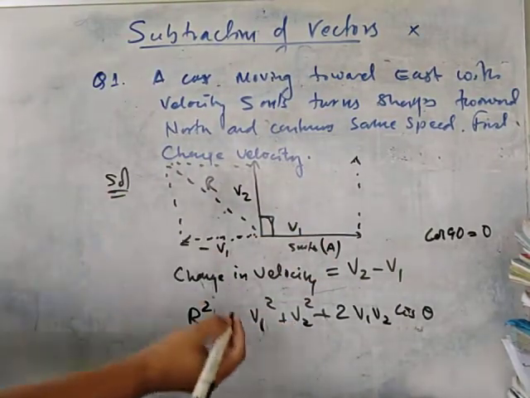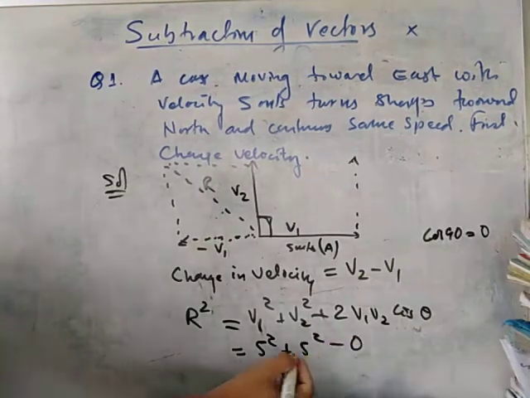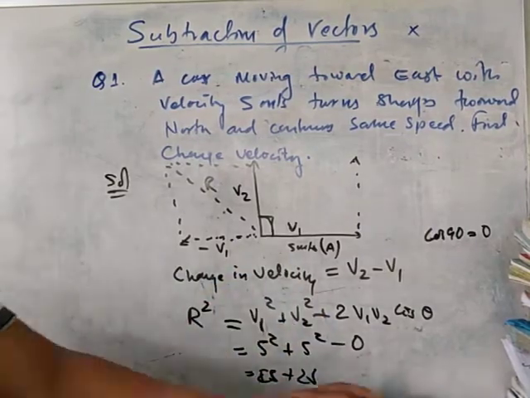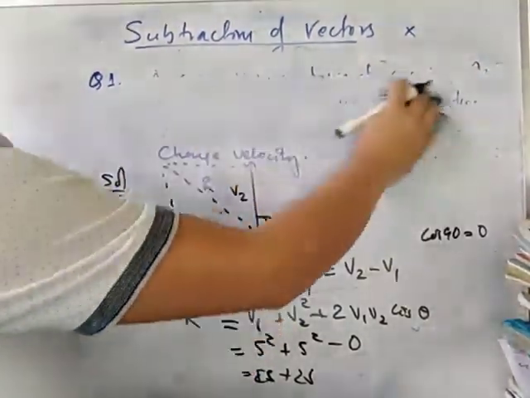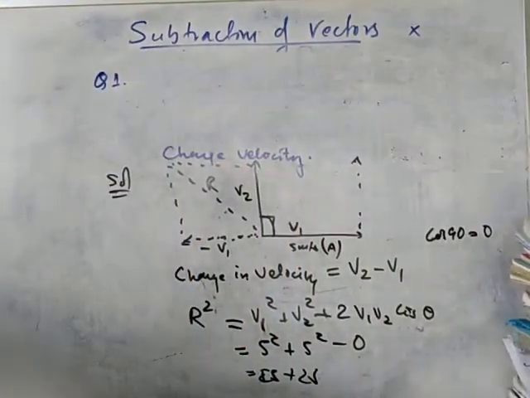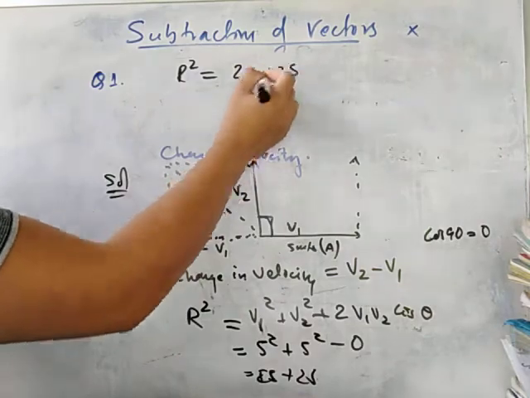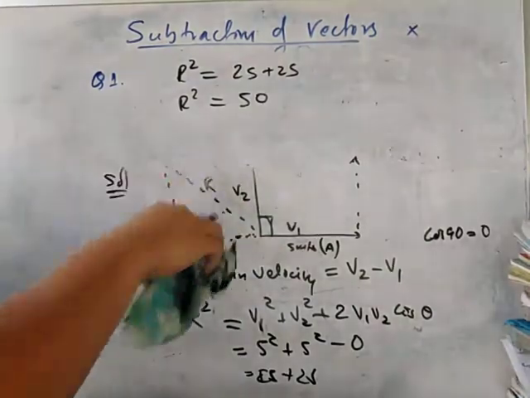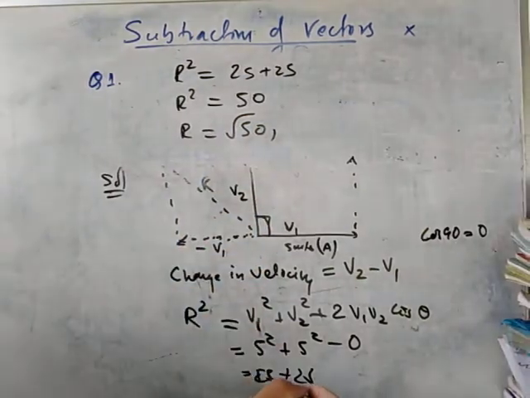So r square equals 5 square plus 5 square, and the last term becomes 0. So 25 plus 25, r square equals 50. So r equals root over 50.